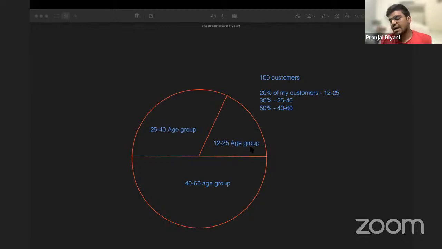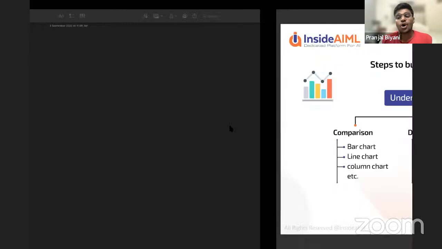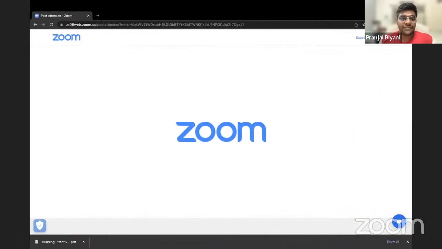So pie charts help me do a composition analysis: how much of a particular category is occupied in totality with respect to other data points. For example, out of all the accounts my bank has, how many are business accounts, corporate accounts, savings accounts, FD accounts?